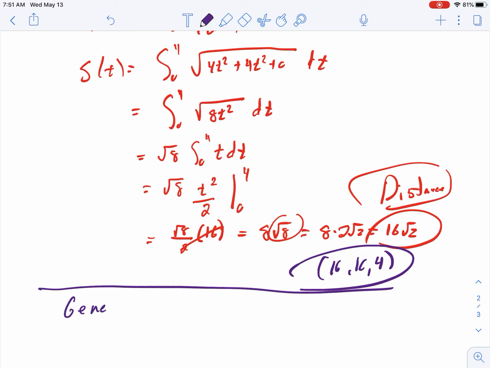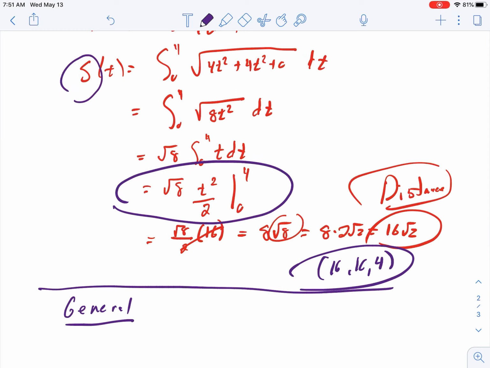All right, so let's come up with a general scenario. And the best way to look at it would be right here at S. Okay, so we're going to go S equals, and let's clean this up a little bit here, make life easy.